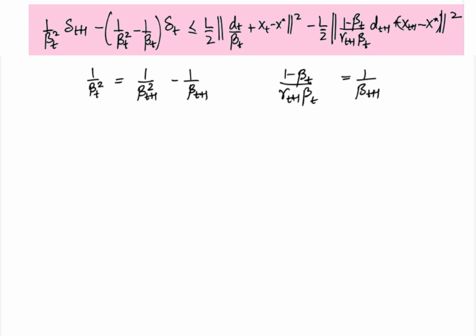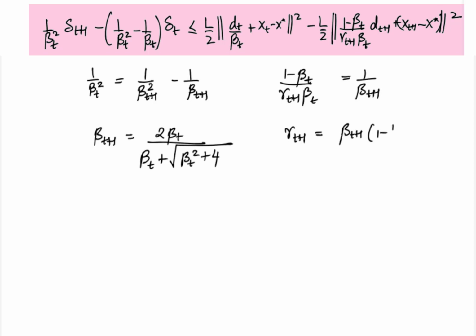Solving these equations, we obtain that β_{t+1} is equal to 2β_t divided by β_t plus the square root of β_t² + 4. So γ_{t+1} is equal to β_{t+1} times (1 − β_t)/β_t. These conditions are in fact possible. One way to see this is simply to plot β_t against t and deduce that it is decreasing like 2/(t+1).